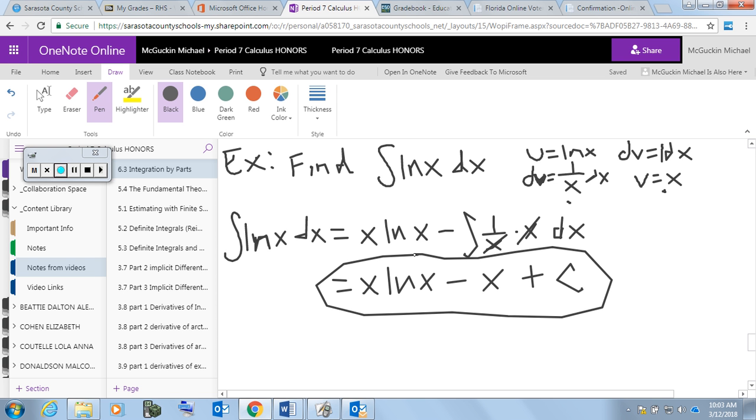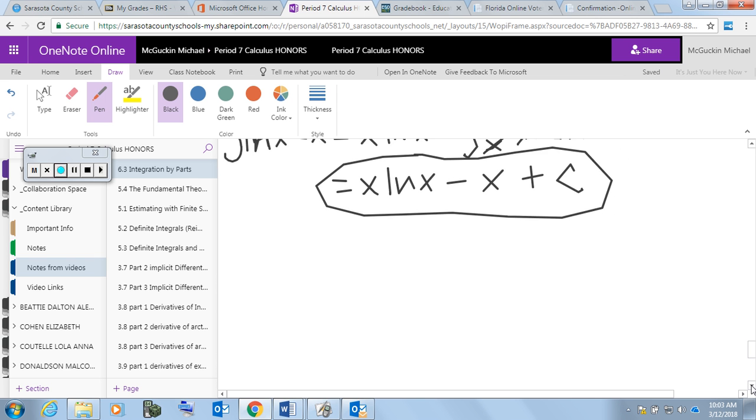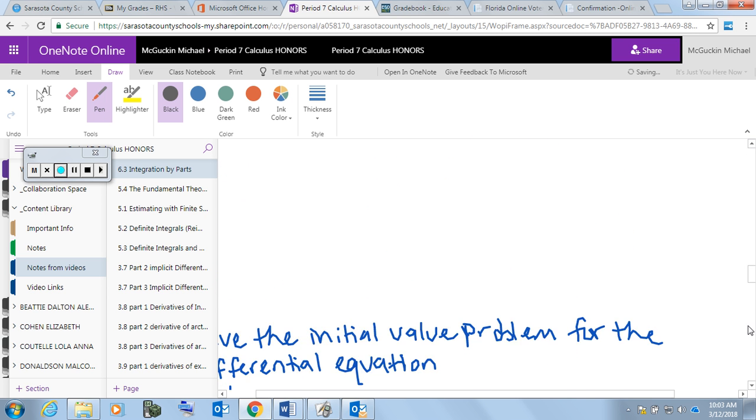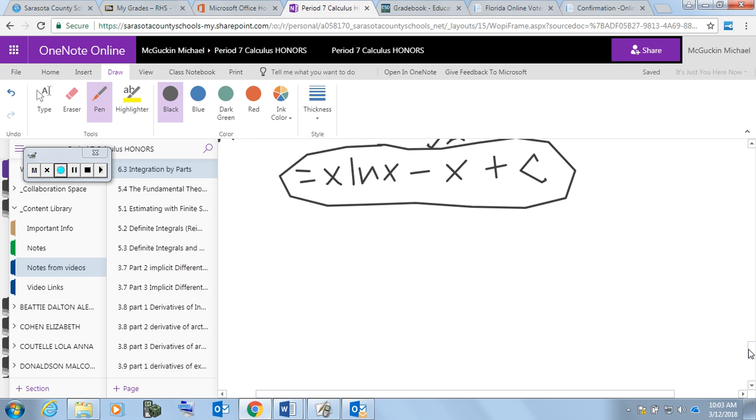All right. So let's look at an example of finding the antiderivative of an inverse trig function.